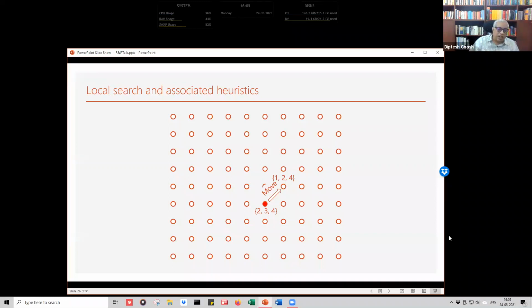So here, element 3 is the element that I've picked from inside my knapsack. Element 1 is an element which I've picked from outside the knapsack. I put element 1 into my knapsack, take out element 3 from my knapsack, and thereby I reach another neighbor. So I can take element 1 and put it in the knapsack, remove element 4 from the knapsack, and I would have elements 1, 2, and 3, which would be another neighbor.